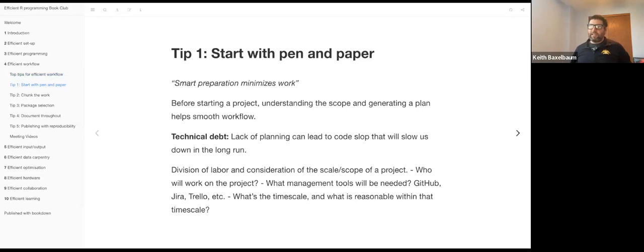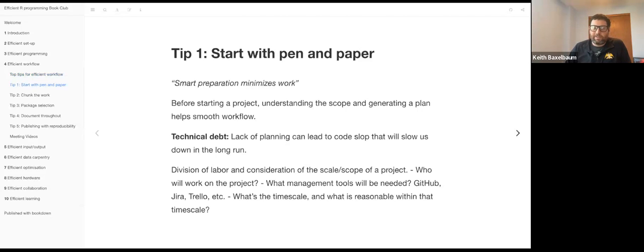And so a lot of this is understanding what the actual scope of a project is, so you can lay things out to figure out what is likely to be entailed as a project moves forward, knowing who's going to be involved, what that division of labor might look like.